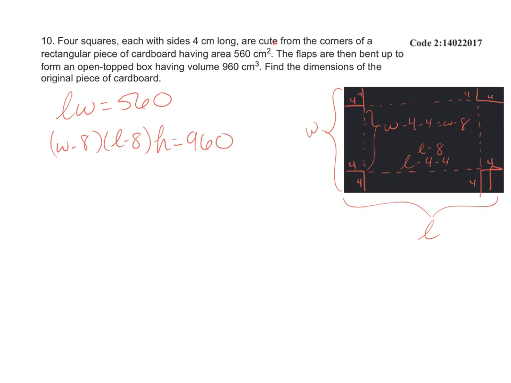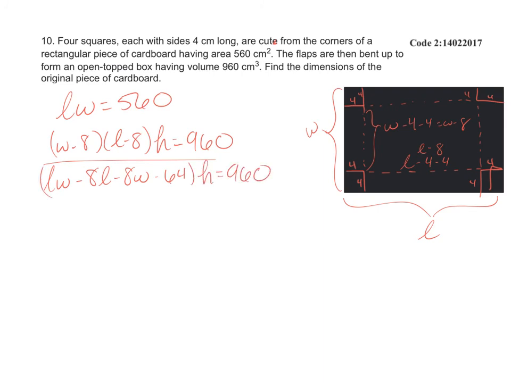So what we're going to do first is I'm going to simplify the second equation as well as the first. I'm actually going to keep it because if I distribute my 2 parentheses here in the second equation, I get L times W minus 8L minus 8W minus 64 times H has to be equal to 960, right?